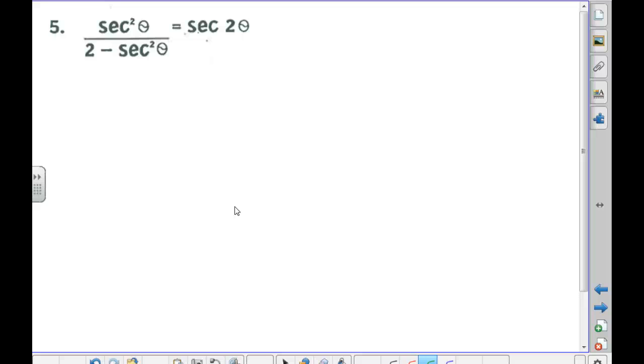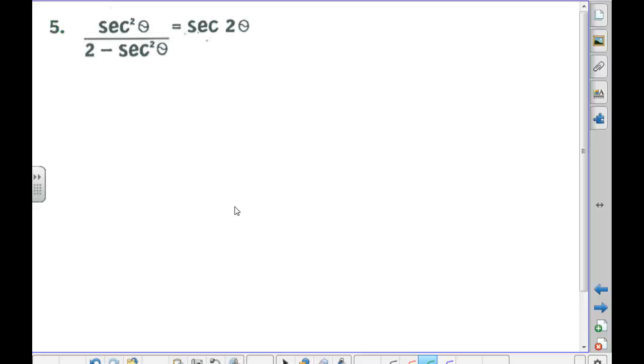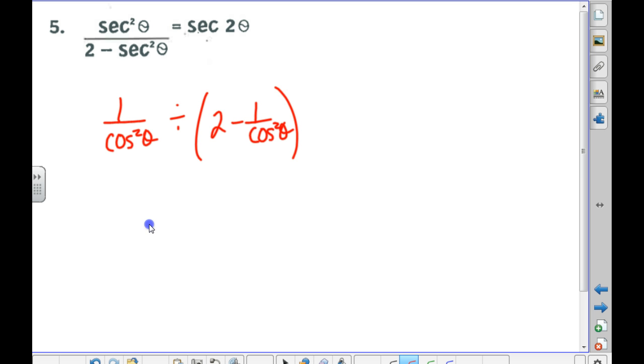But we don't have a trait on our sheet that says secant of 2 theta for anything, right? I think it'd have to be 1 over the cosine of 2 theta. Let's try this one. Okay, so this is a 1 over cosine squared that is being divided by a 2 minus 1 over cosine squared, right?